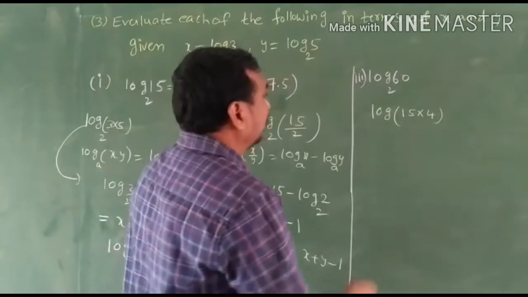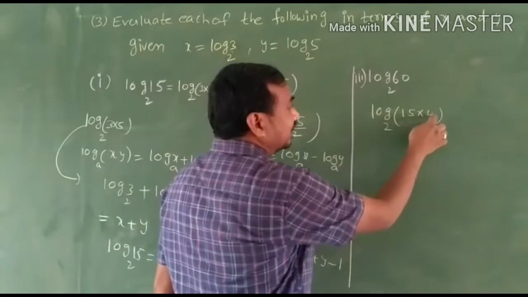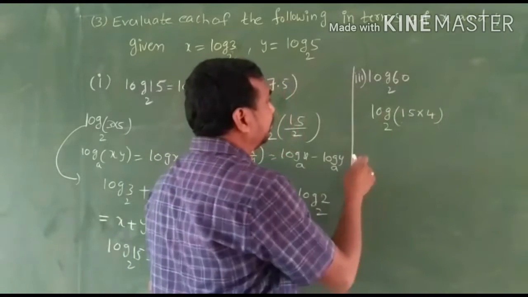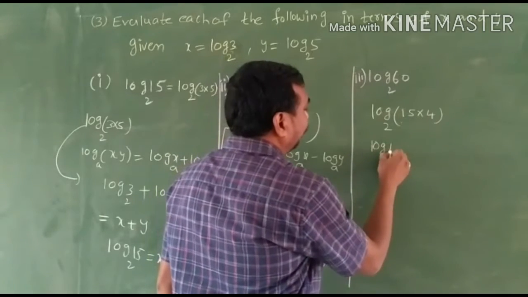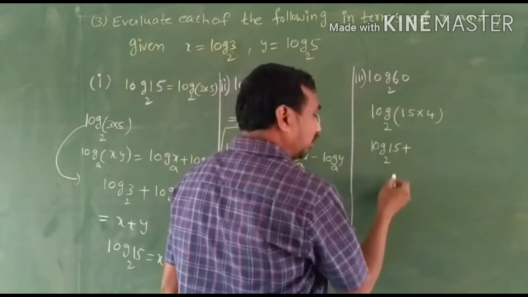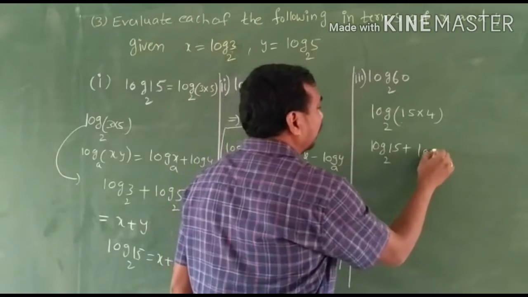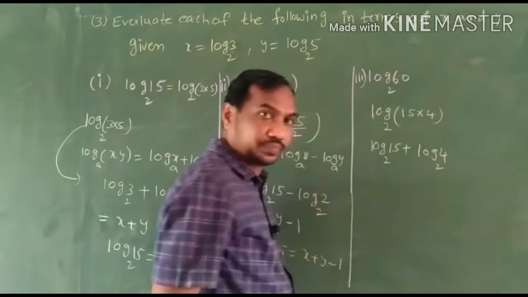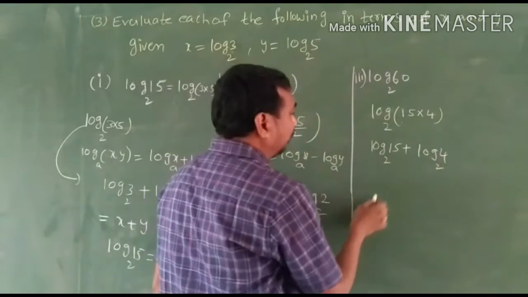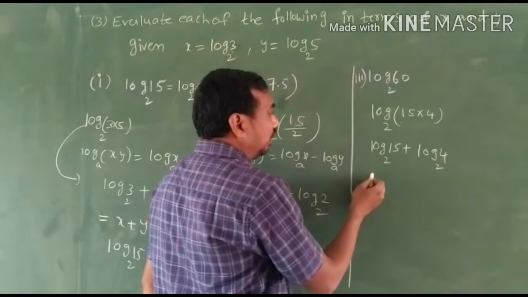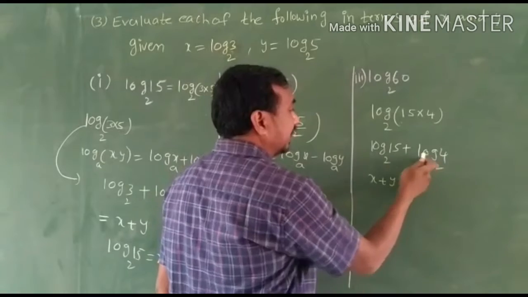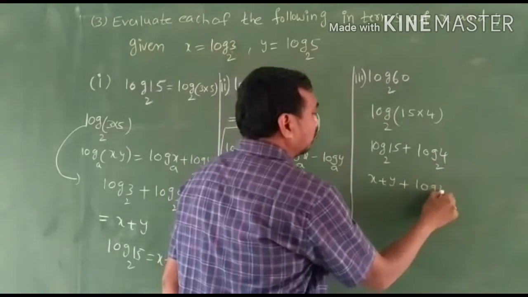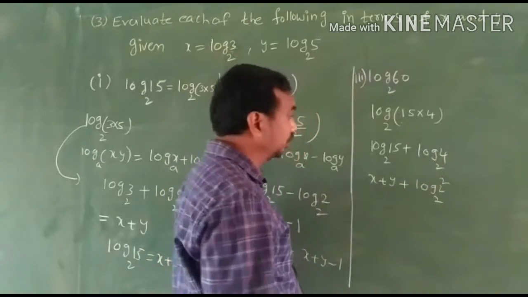Okay, so again it is in the form of log x into y to the base a, that is log 15 base 2 plus log 4 base 2. Now log 15 base 2, you know, is x plus y, and this 4 can be written as log 2 square base 2.